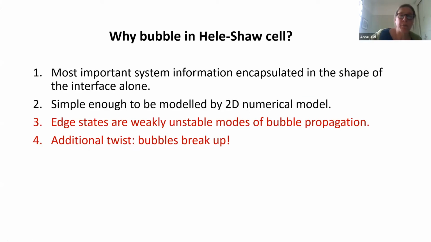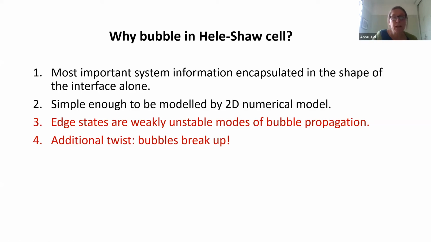So they're quasi-two-dimensional. In these systems, the most important system information is encapsulated in the shape of the interface alone. And so, in a sense, what you see is what you get. And they're also simple enough, because they're quasi-two-dimensional, to be modeled by two-dimensional numerical models.